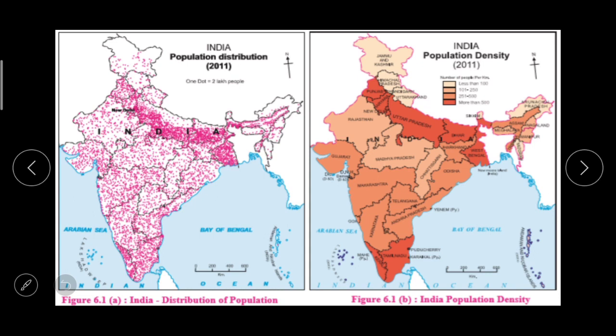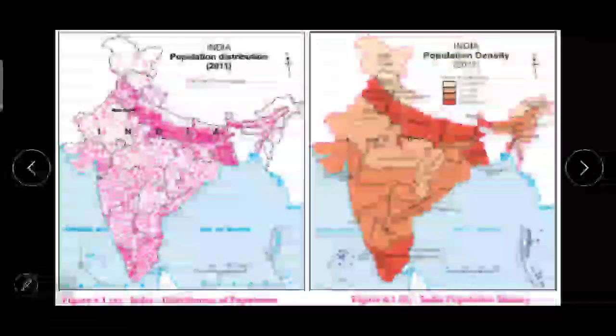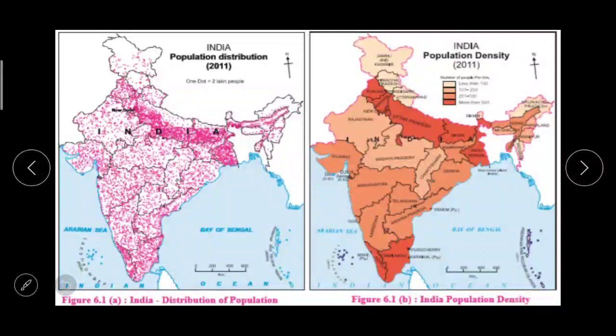Questions based on these are given, such as states with highest population density. For that you have to refer to the figure and answer the questions.